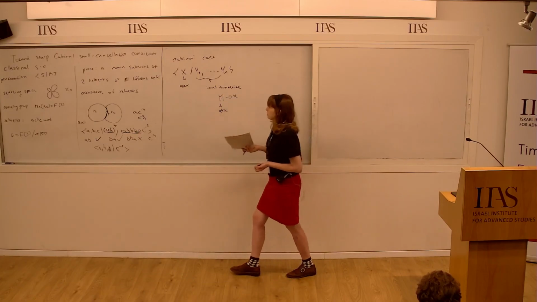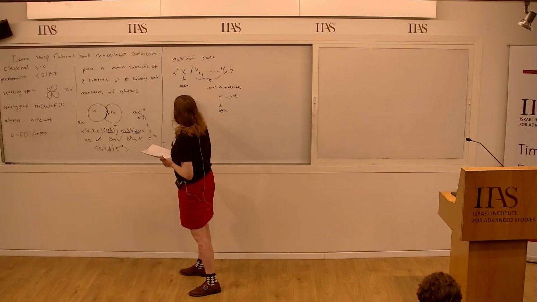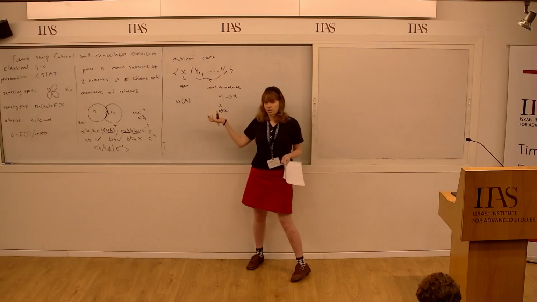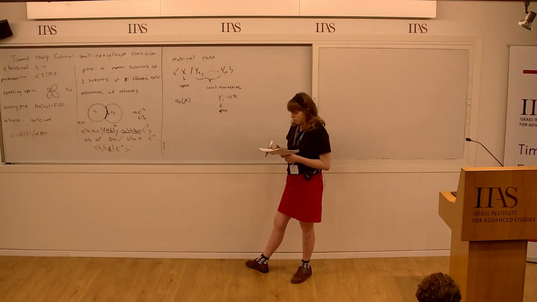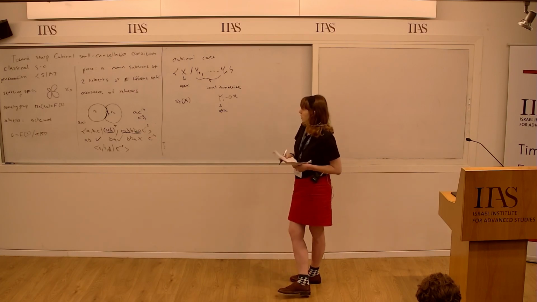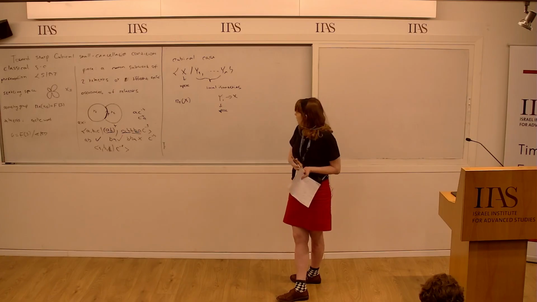So the starting group is pi1 of X, and it already has an action on the non-positively curved cube complex. Now what we want to do, again, is kill the relators, but they're not just a word, so we need something else.